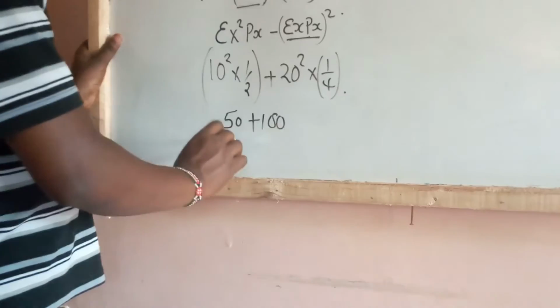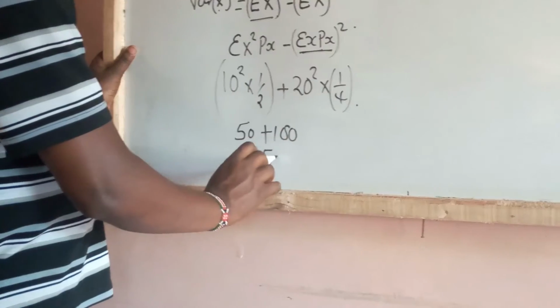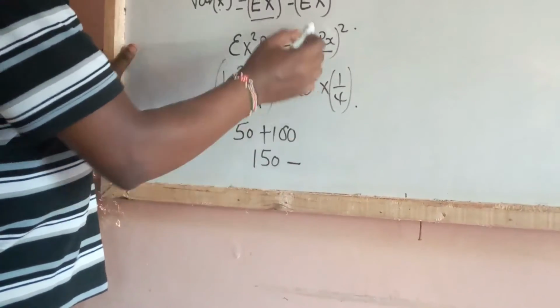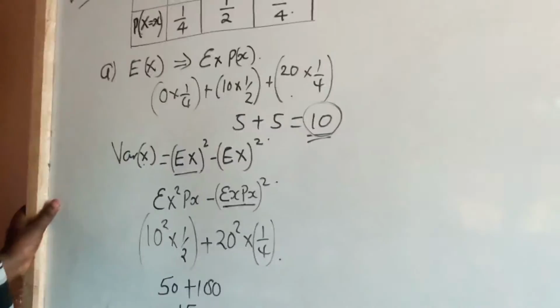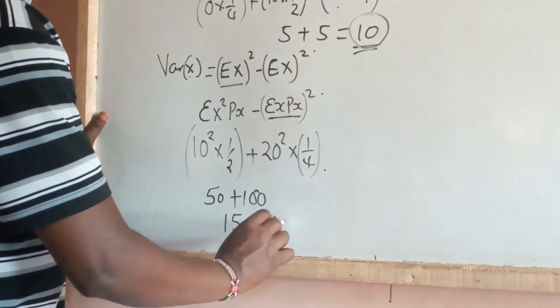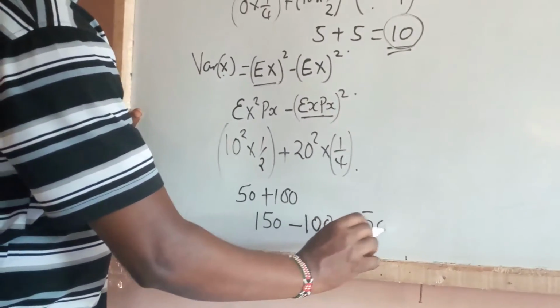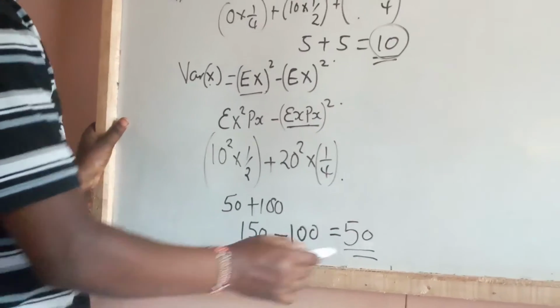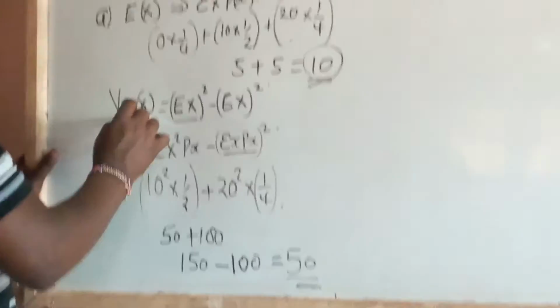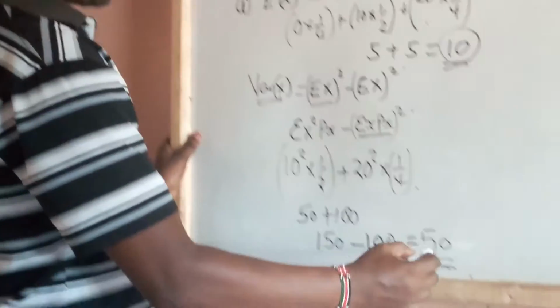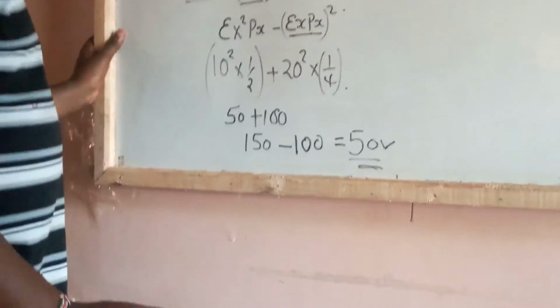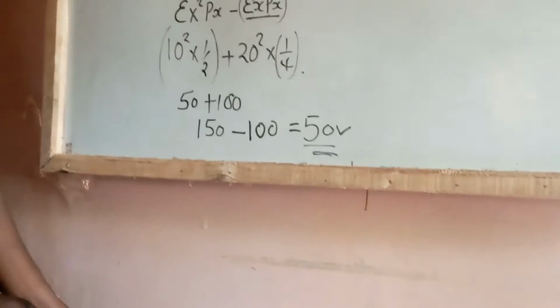Both of them put together give you 150, minus E(X) squared, which is 10 squared, giving us 100. And of course, the answer is 50. So the variance of X, having gone through all the steps, is 50.